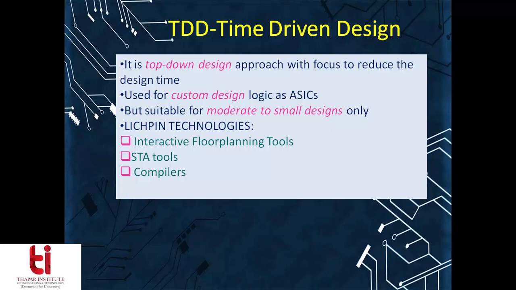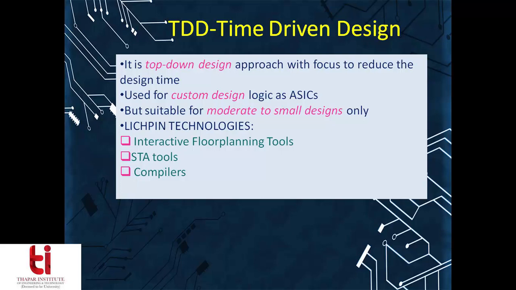So, to get the optimized design, it was required that floor planning tools are used which are interactive enough to allow to see and to evaluate if the design falls in place with all the constraints and the performance objectives are achieved. Okay.